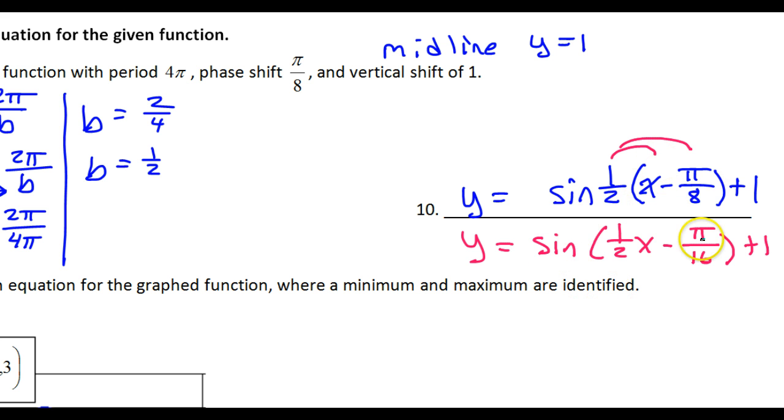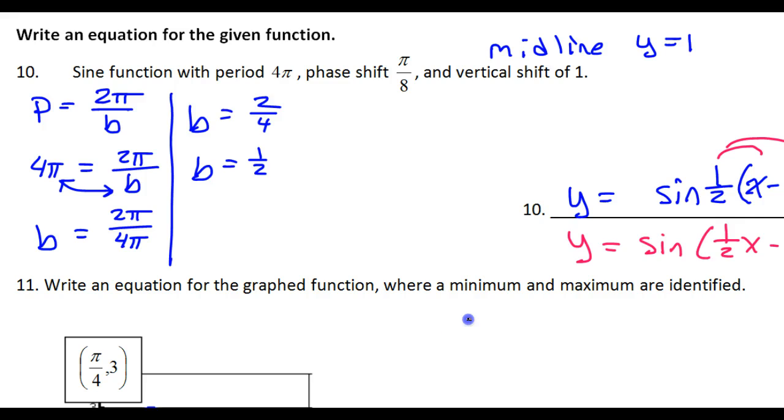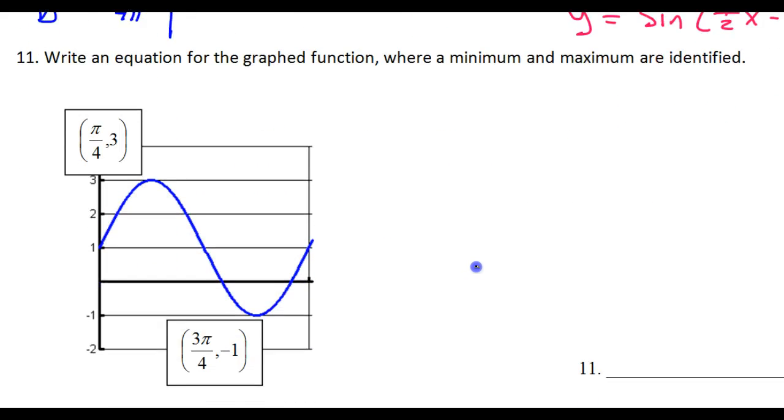Both of these are equivalent, and they both fit the criteria. So either one is great. So that's number 10. How about number 11?